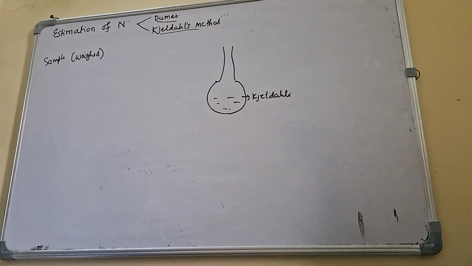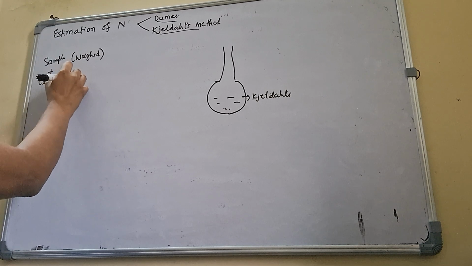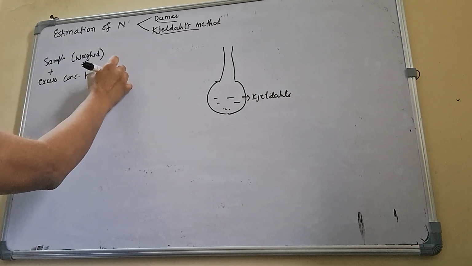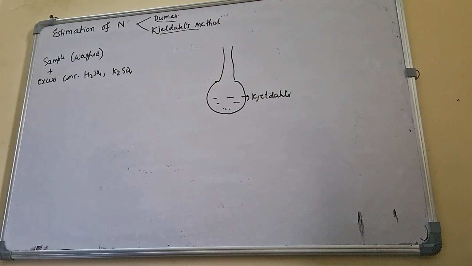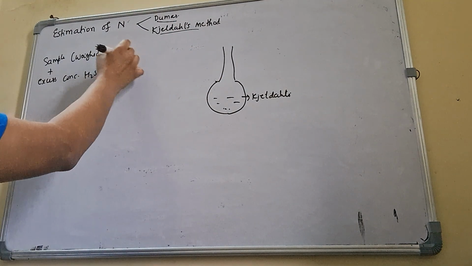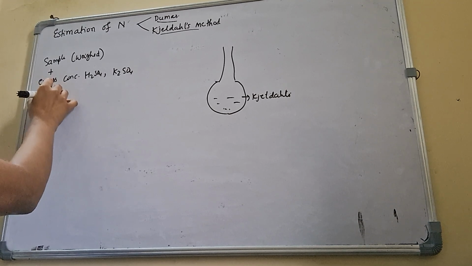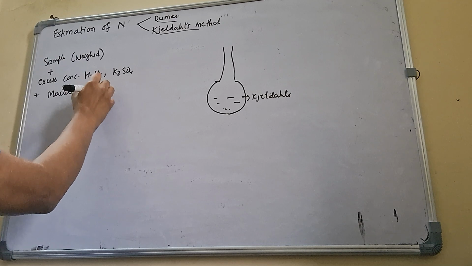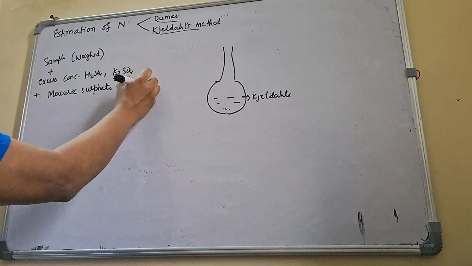Now, you are going to add excess concentrated sulfuric acid, and also you are going to add potassium sulfate to this organic compound. Additionally, you are also going to add mercuric sulfate, which will act like a catalyst.